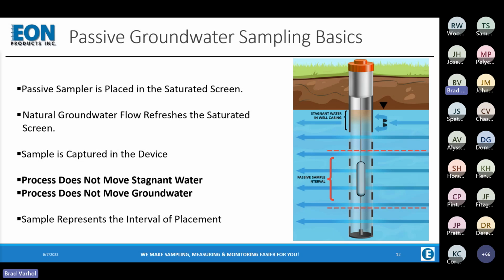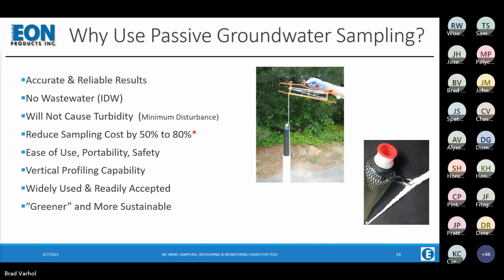In that process, we do not move the stagnant water, so there's no change in the direction or velocity of the water captured up in the well casing, and we do not move the groundwater. Therefore, because we're not drawing water in from anywhere else, the sample that's coming out of that sampler represents the specific interval of placement.